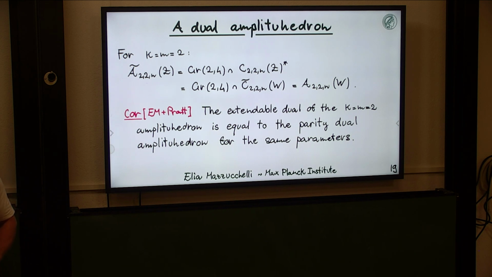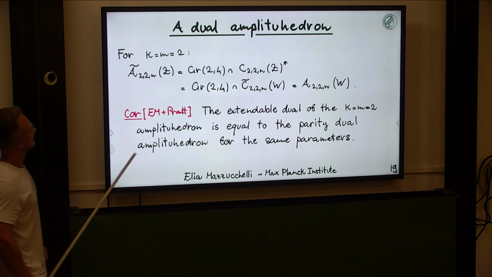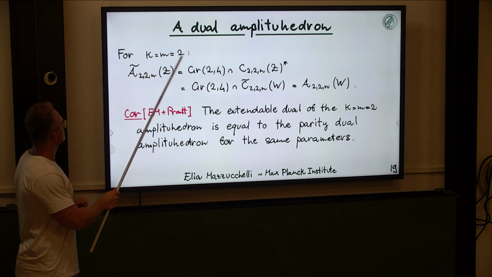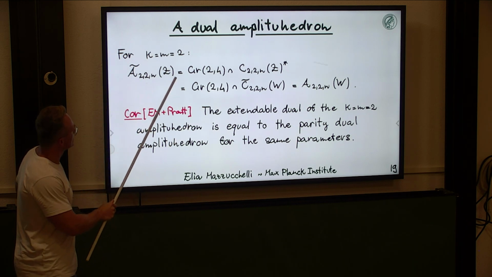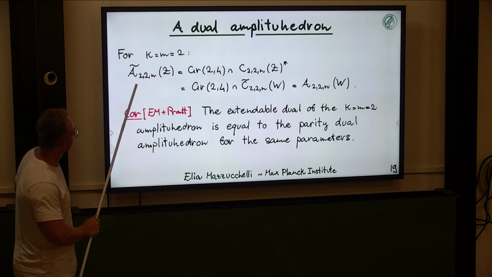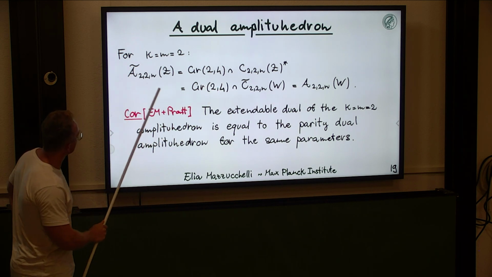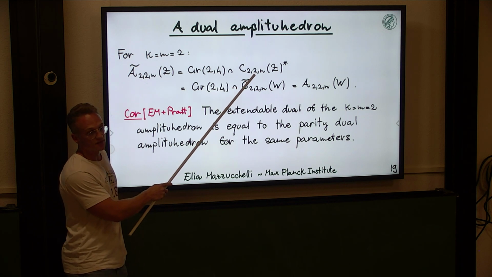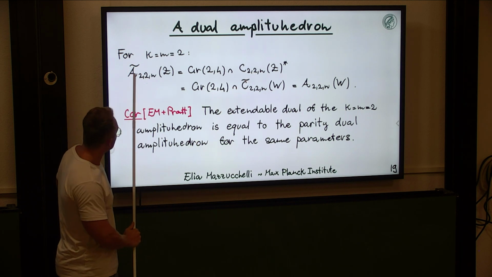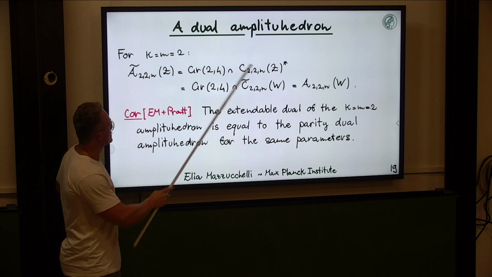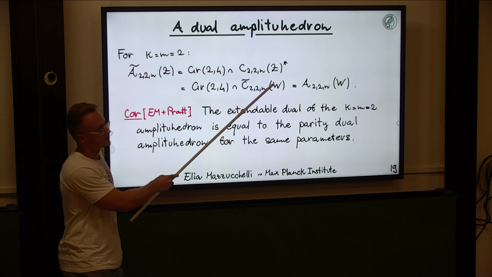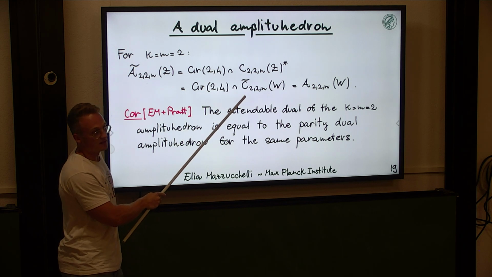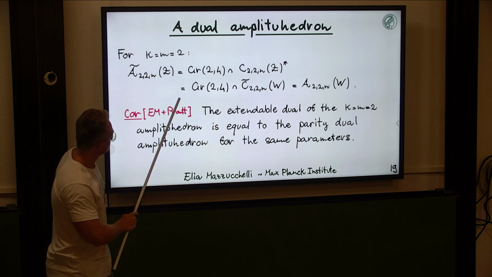Right. So with this notion, I can try to define something that I would like to call the dual amplituhedron, and for k equals m equals 2, by the intersection result I presented before, we have this sequence of equalities. So we know that this exterior cyclic polytope is the convex hull of the amplituhedron. So the dual amplituhedron, according to our definition, is taking the dual of the exterior cyclic polytope and intersecting with Gr(2,4). By this relation with the C tilde polytope, this equality holds true.